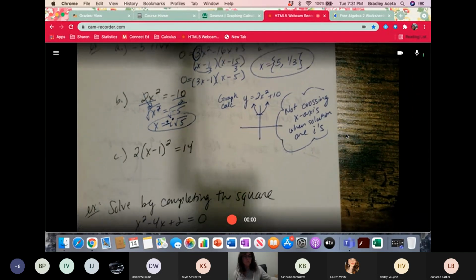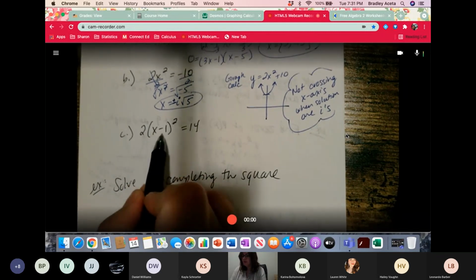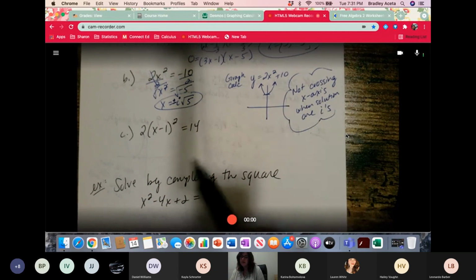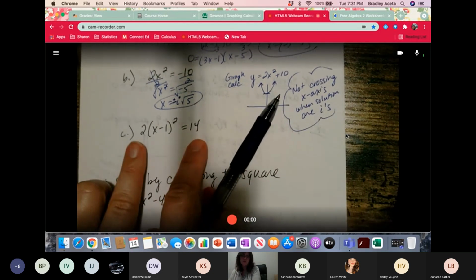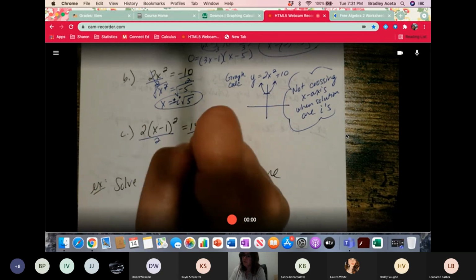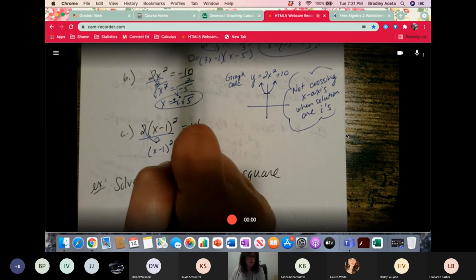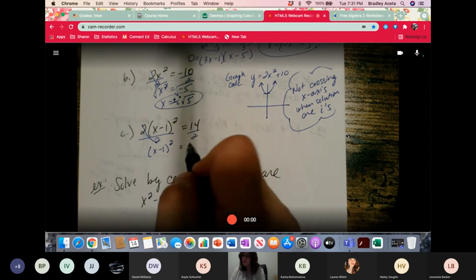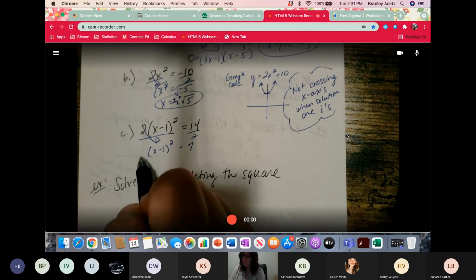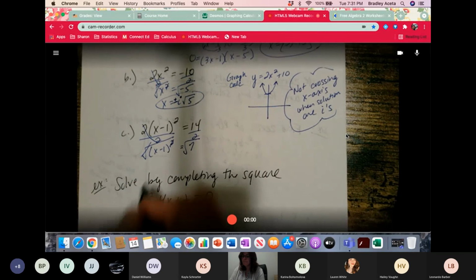All right, let's do one more here. 2 times (x minus 1) squared equals 14. Normally what you want to do is obviously set it equal to 0. Since these are both divisible by 2, I'm going to divide that 2 out. So I get (x minus 1) squared equals 7. How do you undo a squared? Square root both sides.